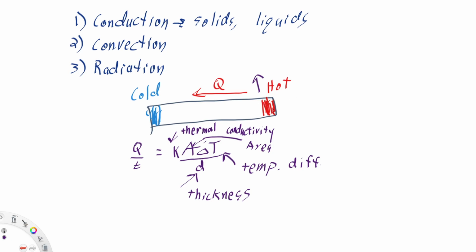We have atoms vibrating very quickly on the hot side. They knock into atoms next to them, which cause them to vibrate, and we cause a chain of atomic vibrations all the way down. But as we go, some of the energy is lost at each step.